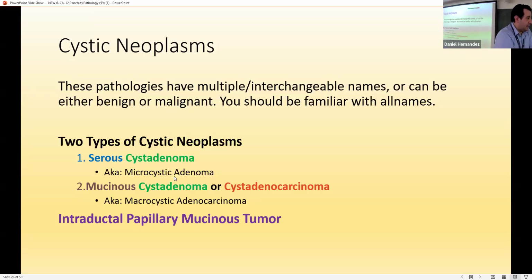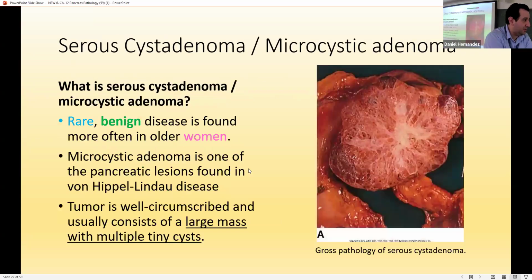We'll see in a moment a good way to differentiate between these two. With serous cystic adenoma, the cysts are very, very small, teeny and multiple. With macrocystic adenomas, the cysts are much larger in appearance, so they're easily distinguishable.